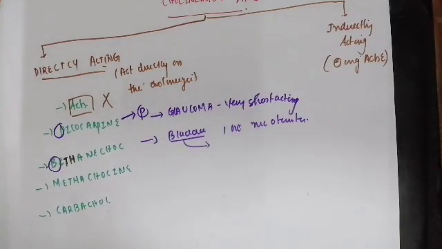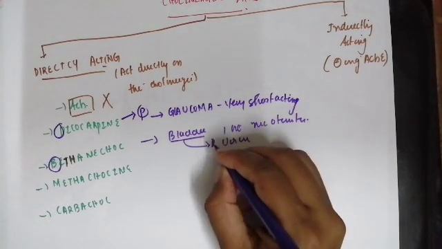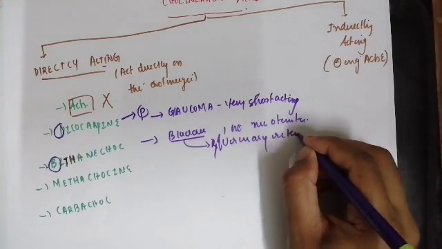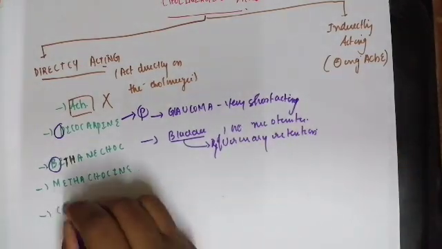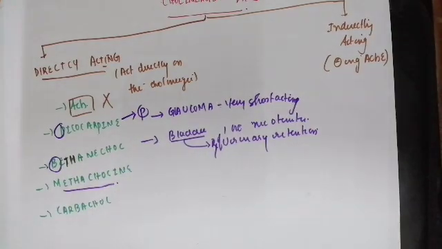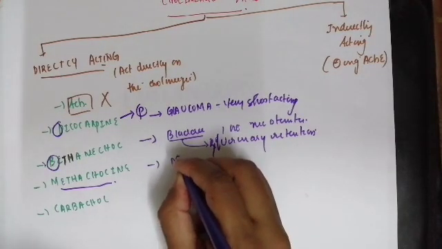We have seen that the cholinergics will be causing detrusor stimulation and relaxation of the sphincter. So it will cause increased urination. So it is useful for the treatment of urinary retention. So bethanechol for bladder. So what is methacholine? Methacholine has got maximum activity in the myocardium.